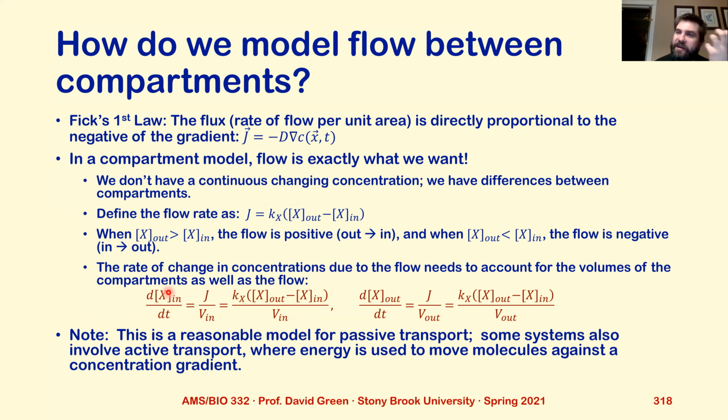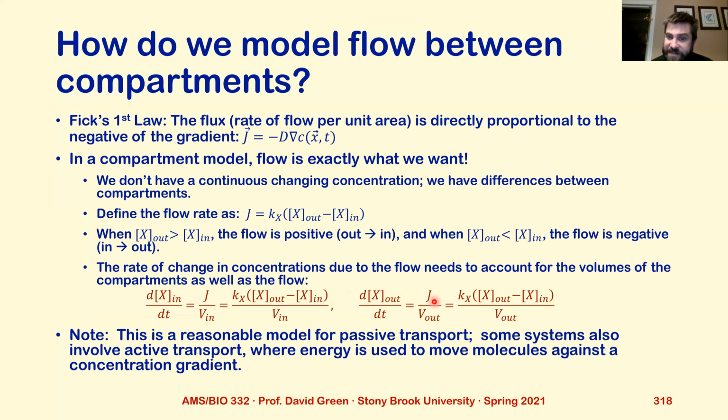Flows always connect one compartment to another, and so we can make this kind of in-out association. And that means that there has to be a coupled change in the concentration outside in the other compartment.